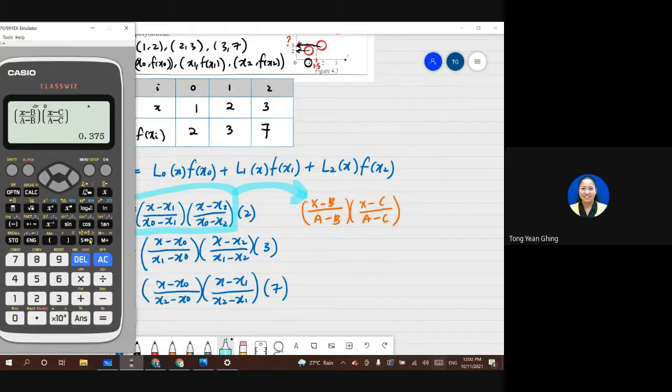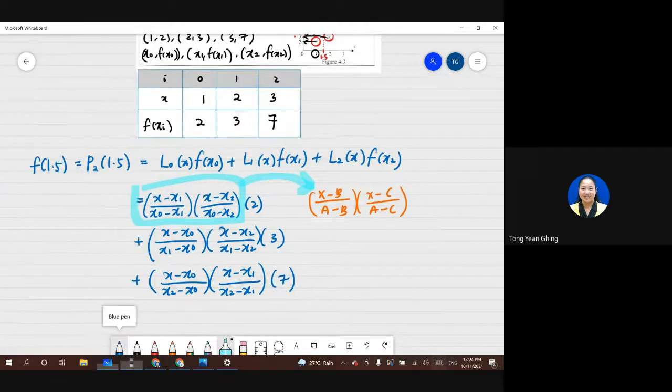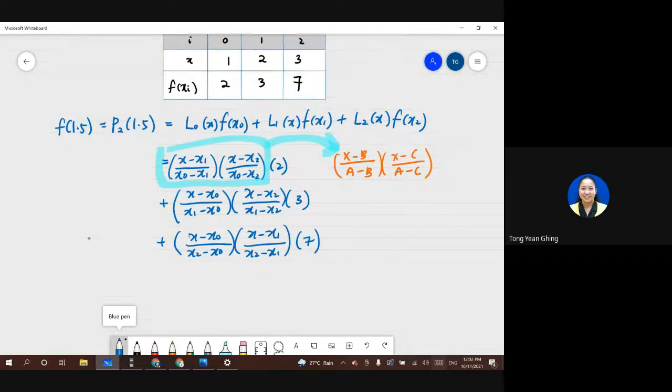So you get 0.375. Equal to 0.375 times 2.